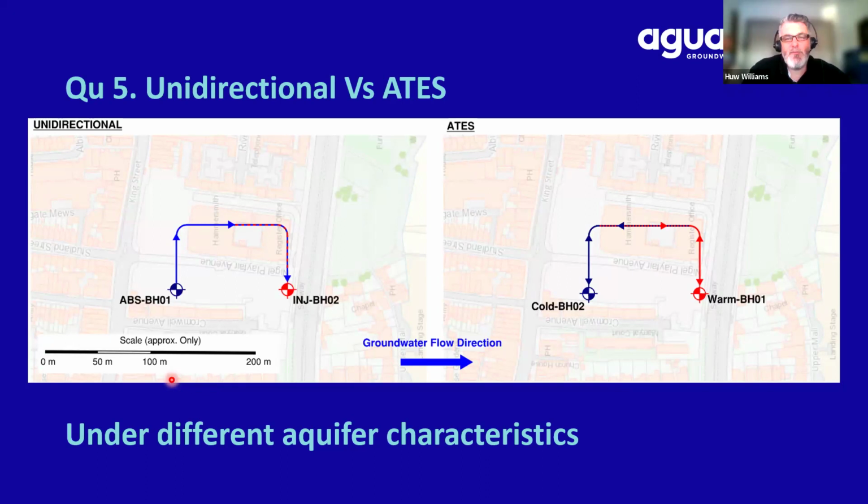Unidirectional versus aquathermal energy storage then. What I'm going to change in the model outcomes here are some of the aquifer characteristics, so the transmissivity and the hydraulic gradient that these boreholes have been installed into. And we have the ideal configuration for a unidirectional system and one of the configurations for aquathermal energy storage.